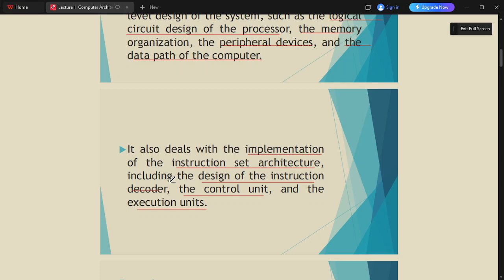The instruction decoder translates the instructions into signals that the CPU understands. So this part gets the instructions that were given to it, like I earlier said, in computer organization.